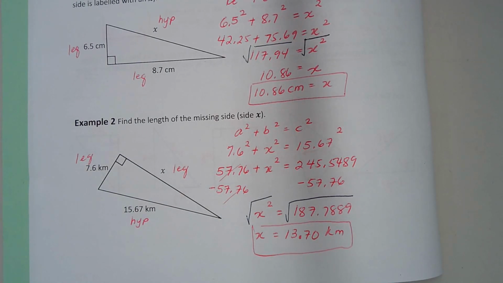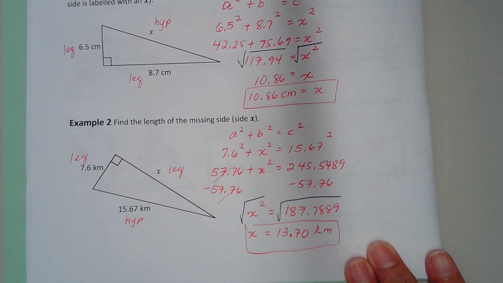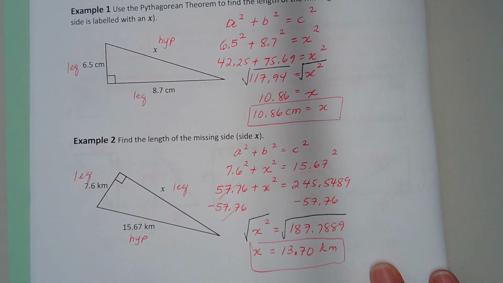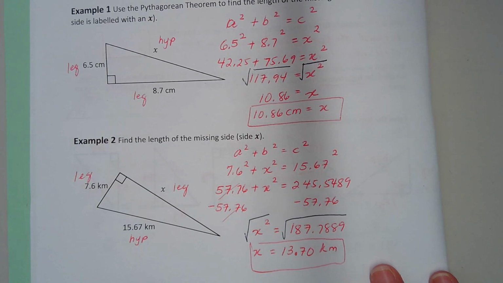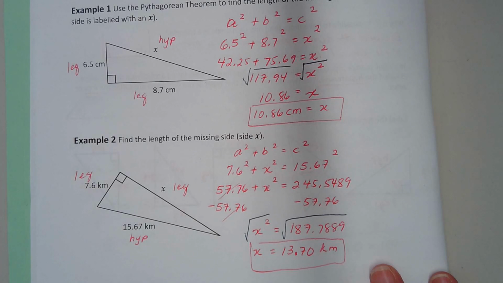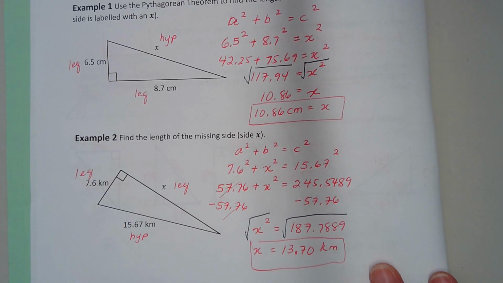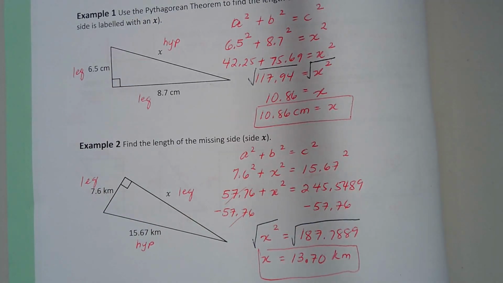So have we solved for the third side? Yeah. Is the third side always the hypotenuse? No. Not always. The c squared is always the hypotenuse.